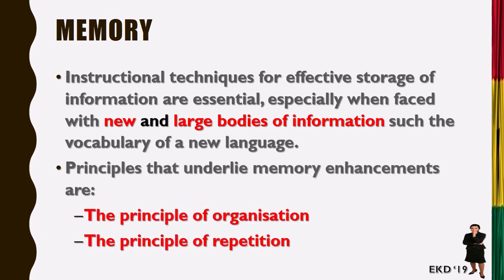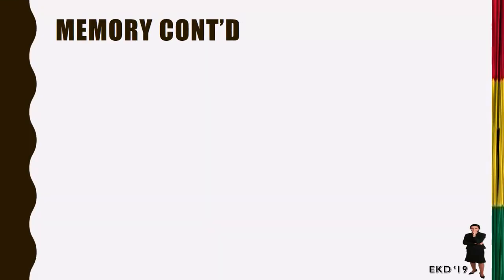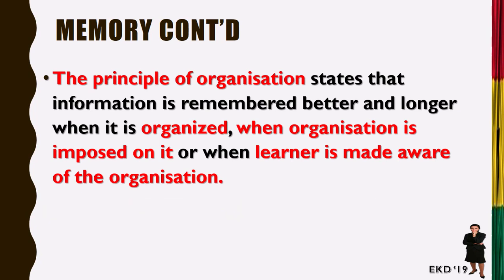Now there are two principles to enhance the memory. We have the principle of organization and the principle of repetition. Now the principle of organization says that information is remembered better and longer when it is organized, when organization is imposed on it, or when the learner is made aware of the organization.